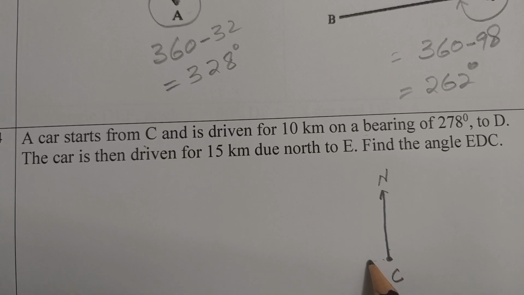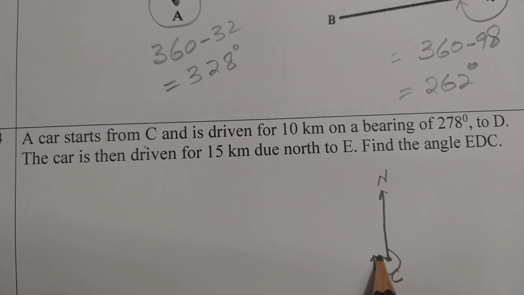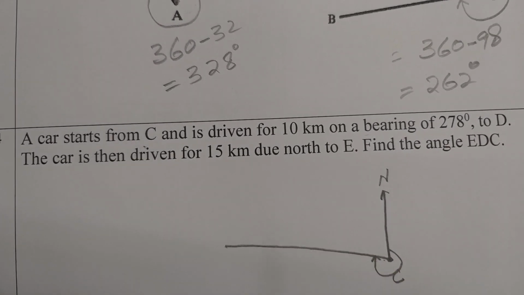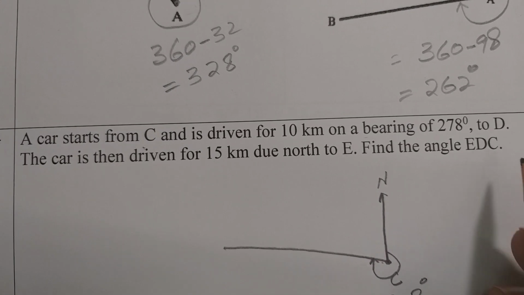Because this is 270, but we need 278, a little bit above that line, we make the line here. So this is 278 degrees, to D.